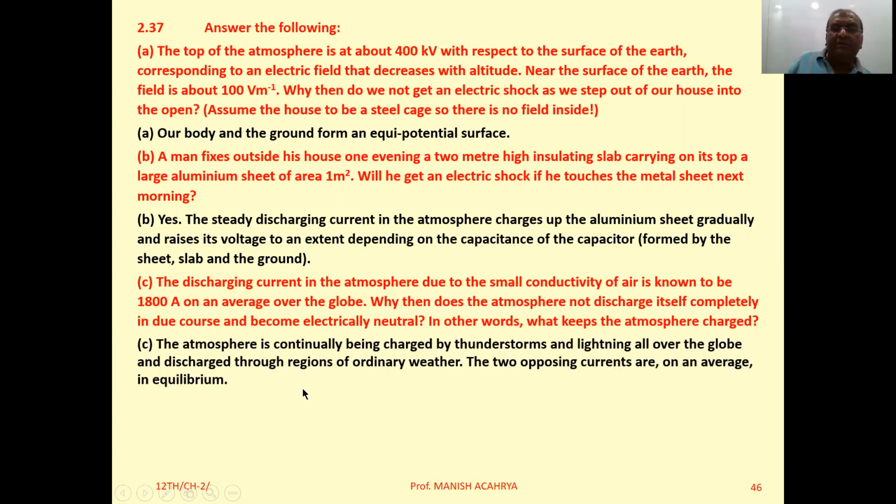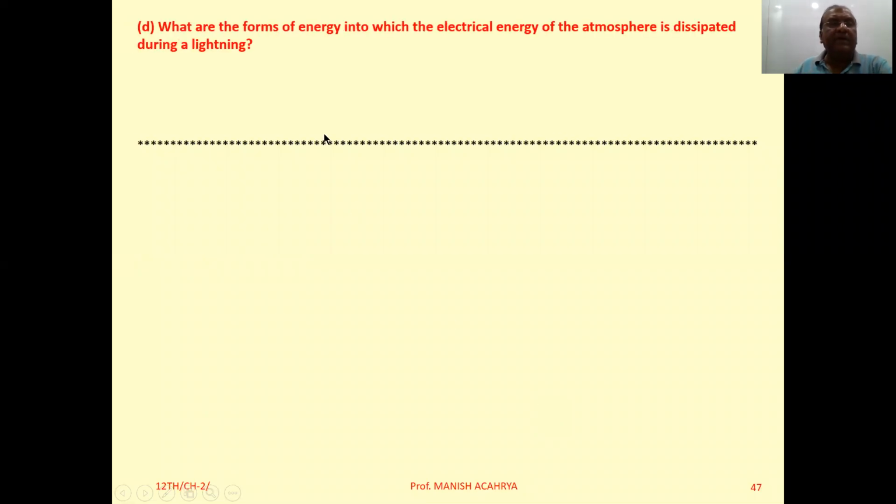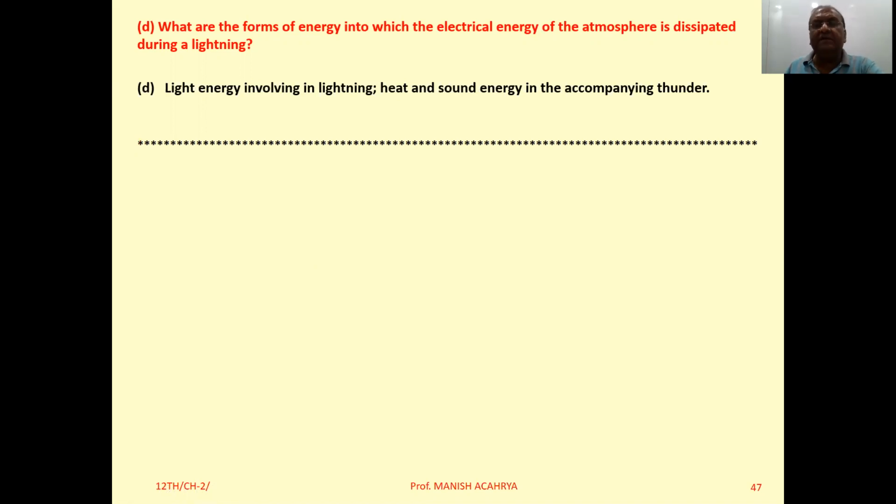The atmosphere is continuously being charged by thunderstorms and lightning all over the globe, and therefore it remains charged continuously. Then D. What are the forms of energy into which the electrical energy of the atmosphere is dissipated during lightning? Energy is dissipated in the form of heat, in the form of light, as well as in the form of sound energy. Clear to all of you?